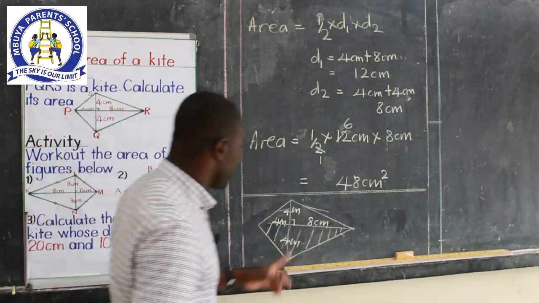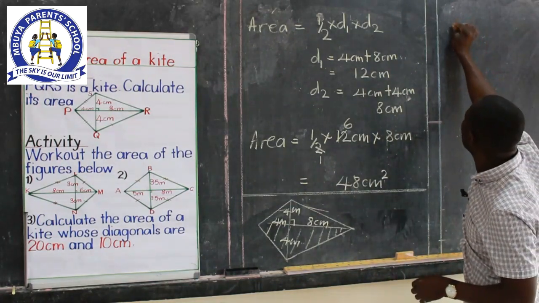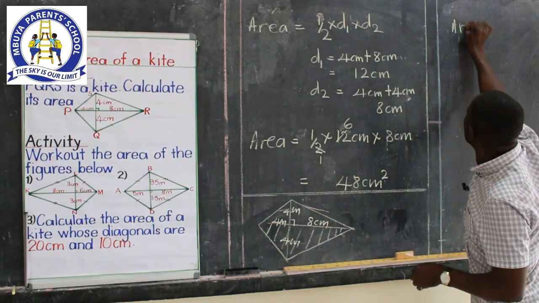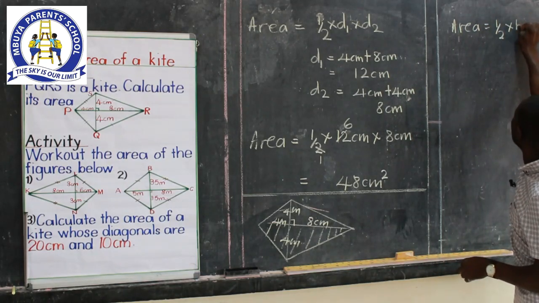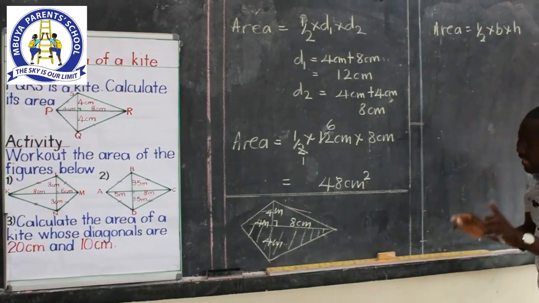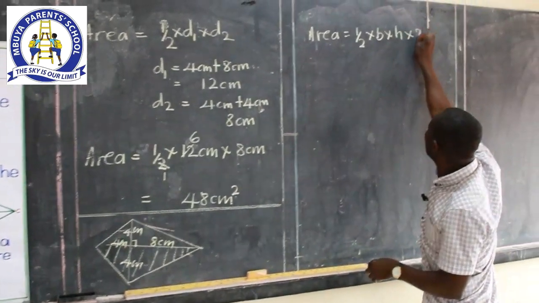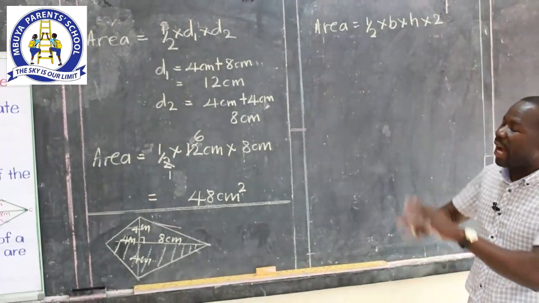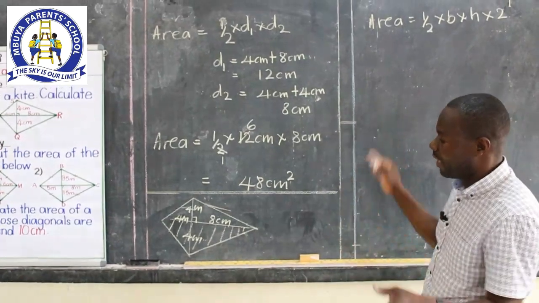When we pick out one triangle, we find the area as a half times base times height. That's the area of one triangle. But since we have formed 2, then times 2. Since there are 2 triangles, we have covered the whole kite.